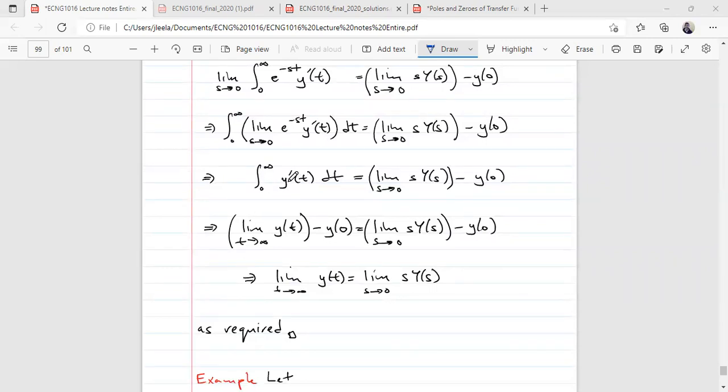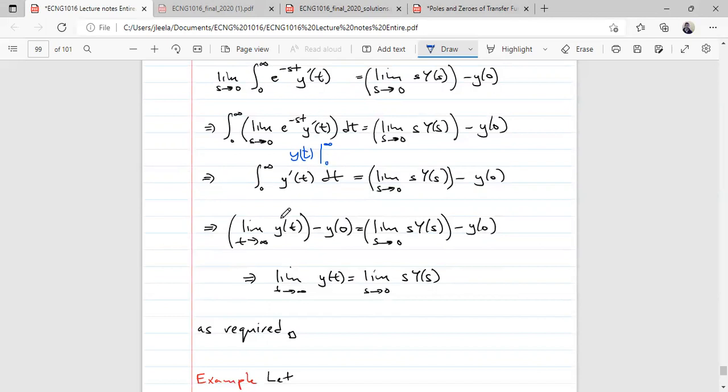Because if you integrate y'(t), you get back y(t), and then you evaluate this between infinity and 0.